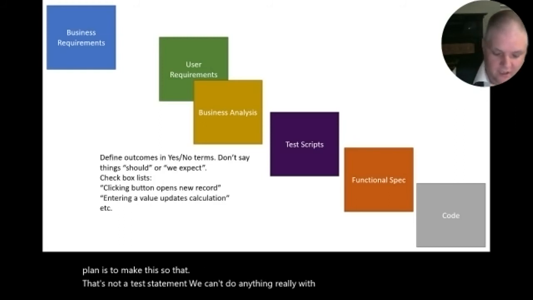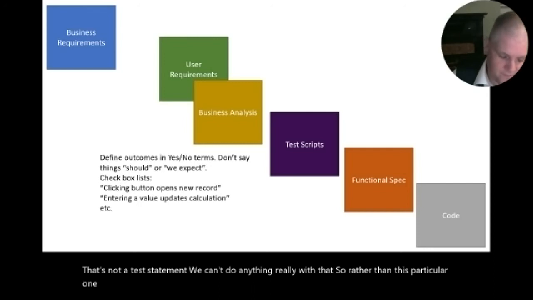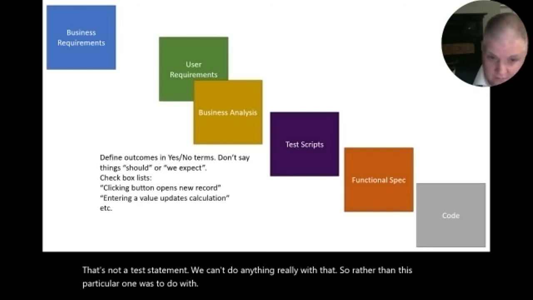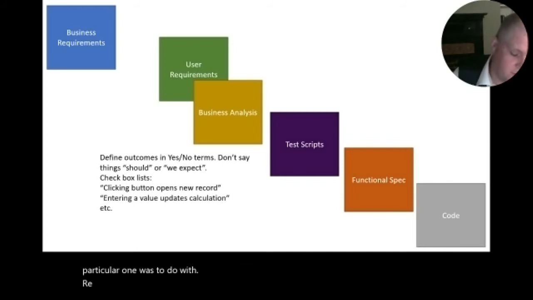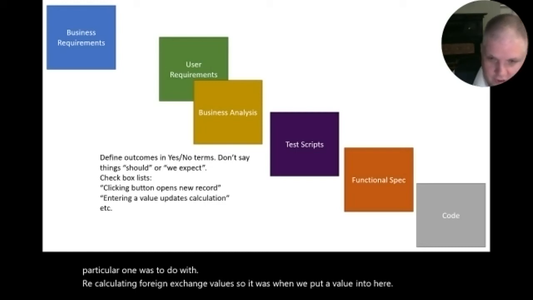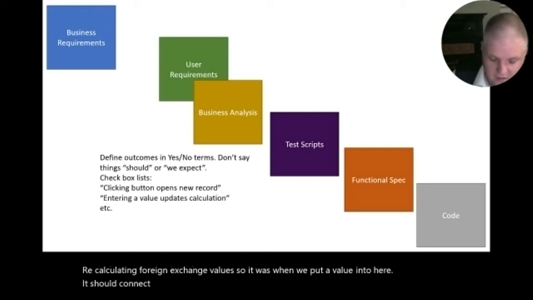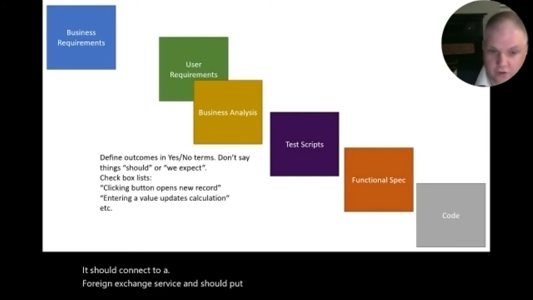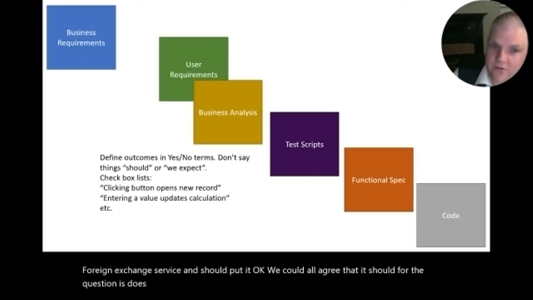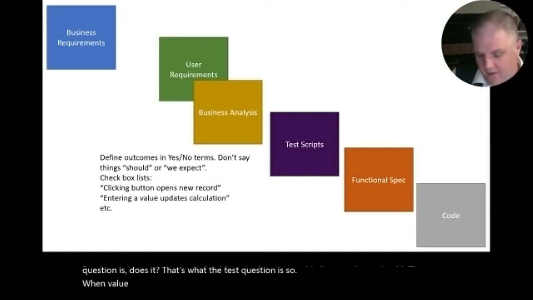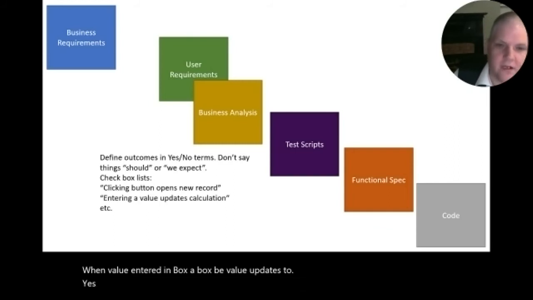This particular one was to do with recalculating foreign exchange values. When we put a value in here, it should connect to a foreign exchange service and should, well, we can all agree that it should. The question is, does it? That's what the test question is. So: when value entered in box A, box B value updates, yes or no. Be really hard on that.